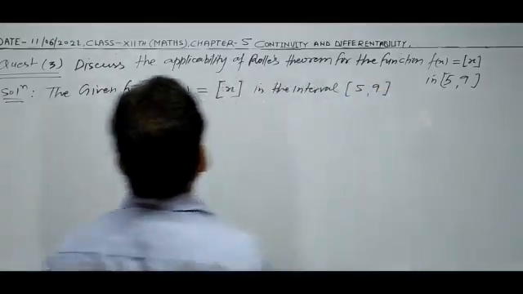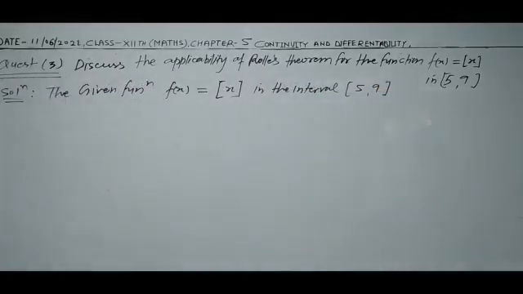How will you say whether the greatest integer function is continuous or not? First of all, I will draw the graph.